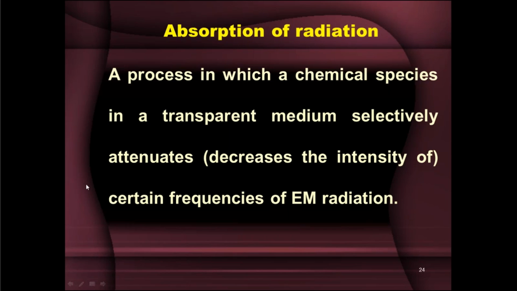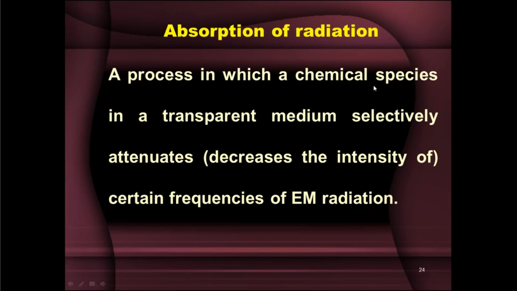Just in case somebody is not sure what attenuates means, it means decreases the intensity of. I hope you remember what intensity of radiation is. Intensity of radiation refers to the number of photons being propagated in the beam. So attenuates means decreases the number of photons in the electromagnetic radiation.